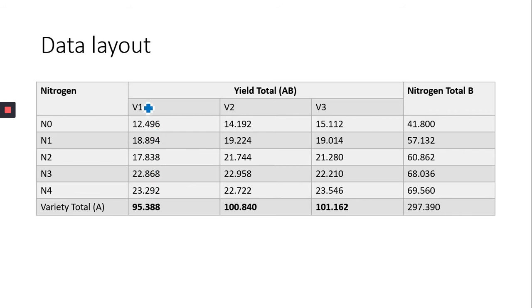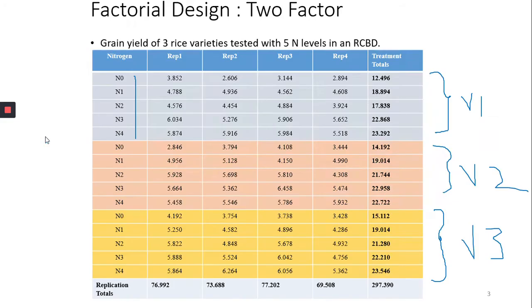So variety 1 in replication 1, what was the value in replication 2, in replication 3, 4, and 5, and you also do the same for the others. You can easily see here that we have got V1, V2, and V3, but we want the totals for V1 in replication 1, replication 2, in replication 3, in replication 4.